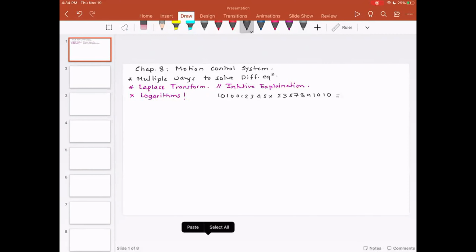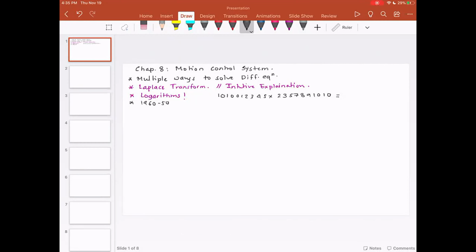Now imagine yourself in the 1960s or 1950s. At that time, the computational power that we have available now was not available. So the scientists and engineers used a technique called logarithms.